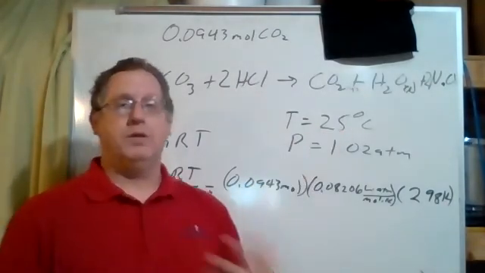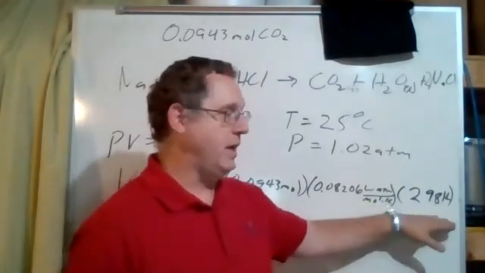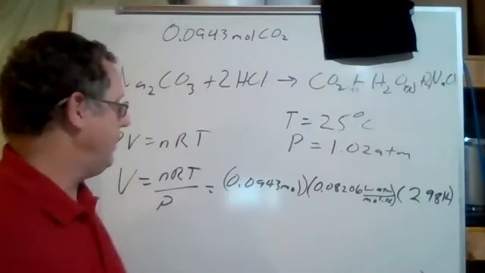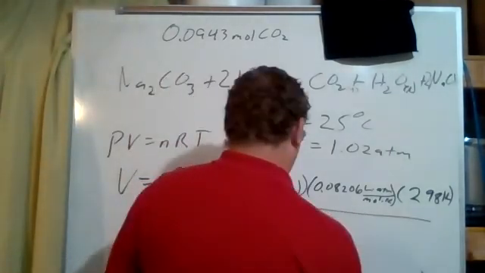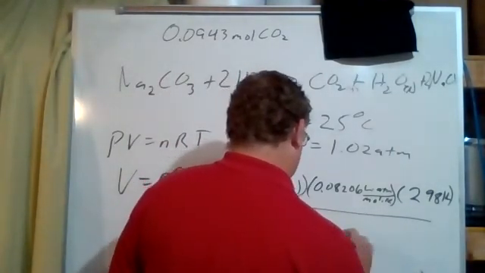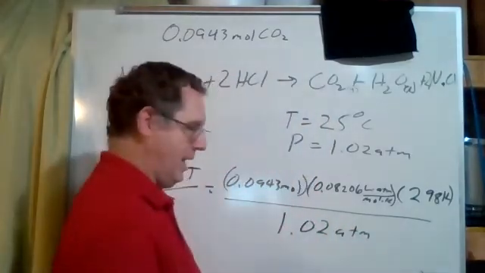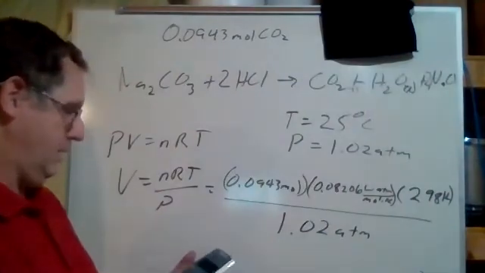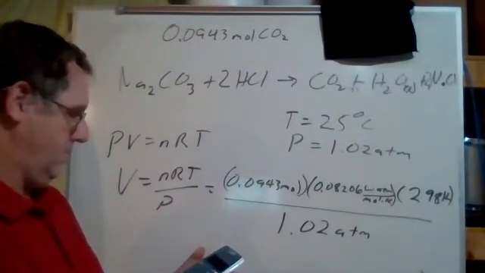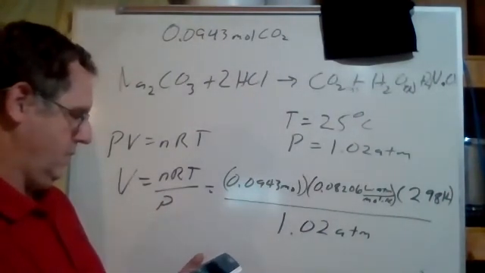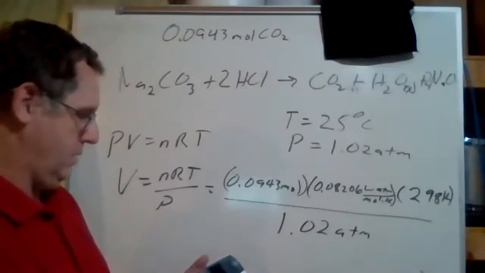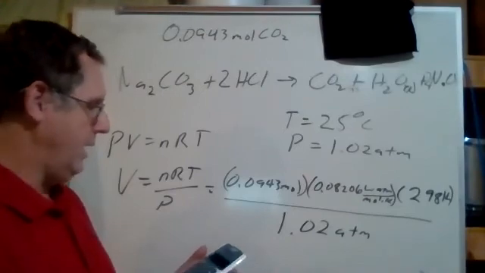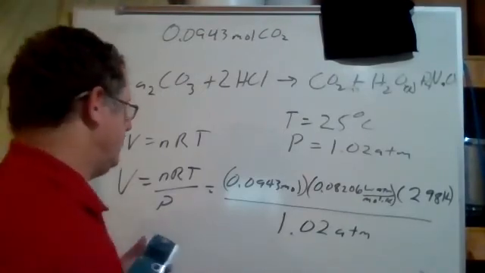The 273 is to the unit, my 298 is significant to the unit. I now have 3 significant figures here. And when I divide this by my 1.02 atmospheres, I have a very simple problem here. And I get 2.26 liters.